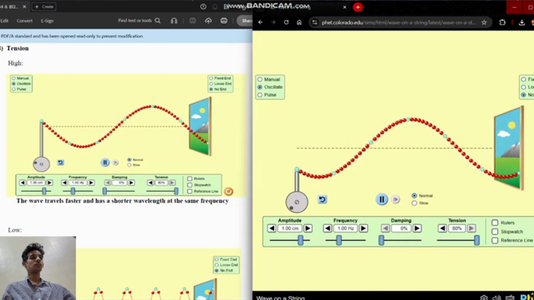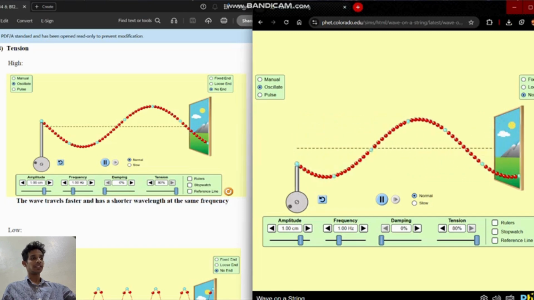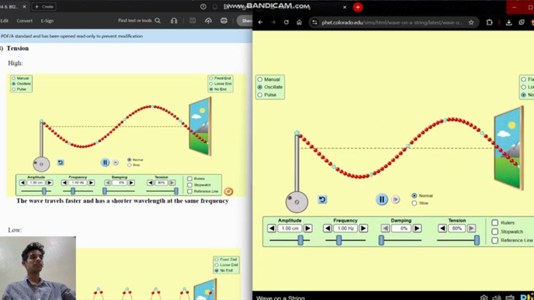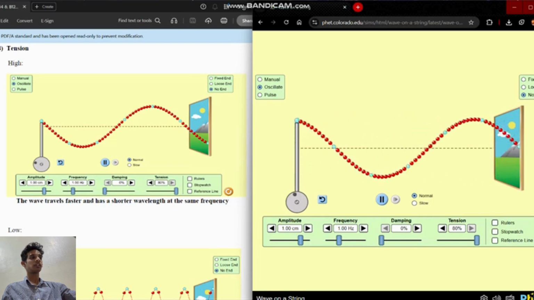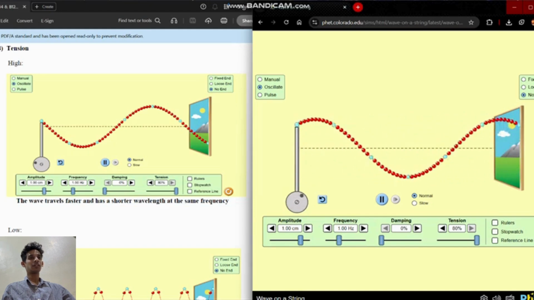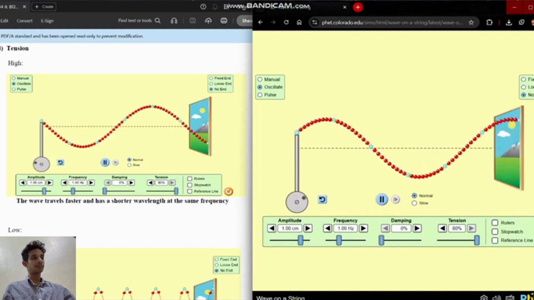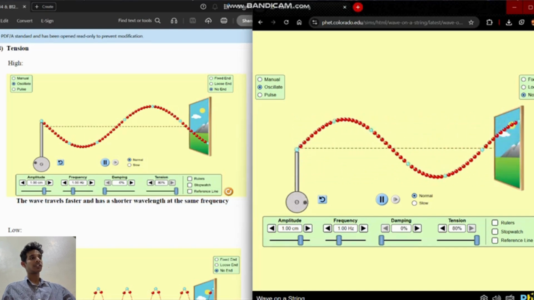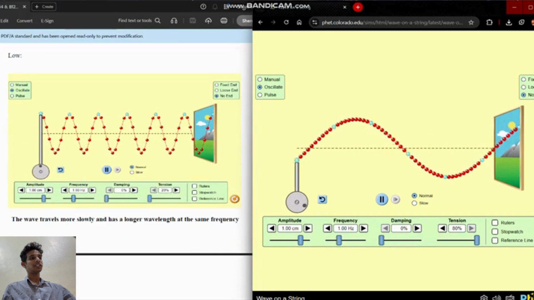What you can see here is that when the tension is high, the wave speed increases. The wave travels faster and the wavelength becomes shorter if the frequency stays constant. Physically, the string is tighter, so the disturbance travels more quickly.